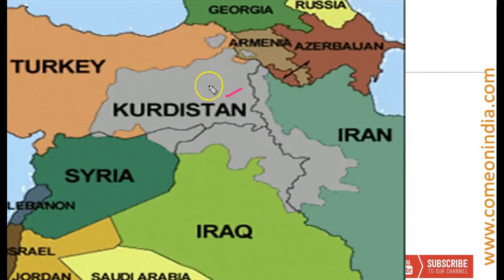Here, the people of the eastern part of Turkey, northern part of Iraq, northern part of Syria and northwestern part of Iran are called Kurd people, and they want an independent nation called Kurdistan by combining this region.